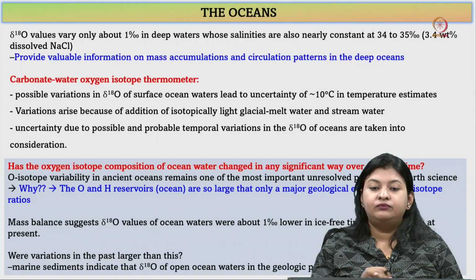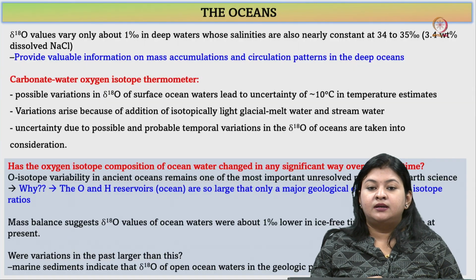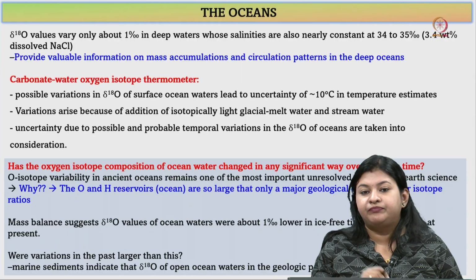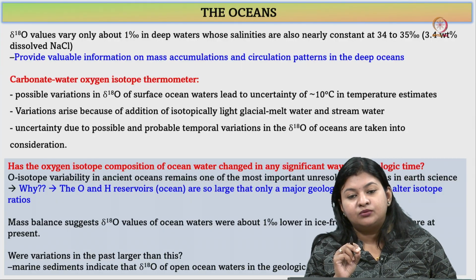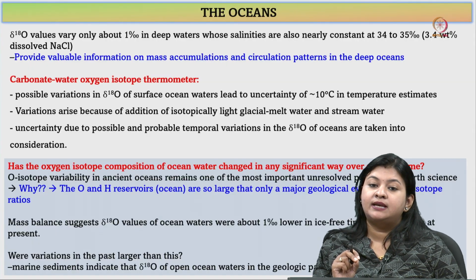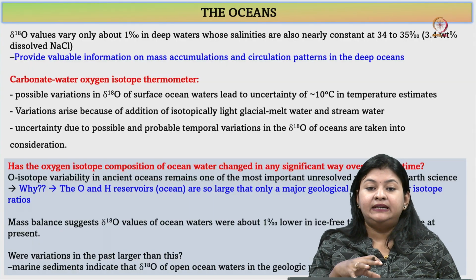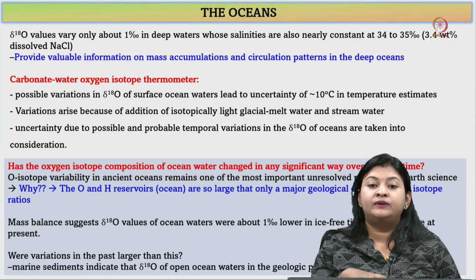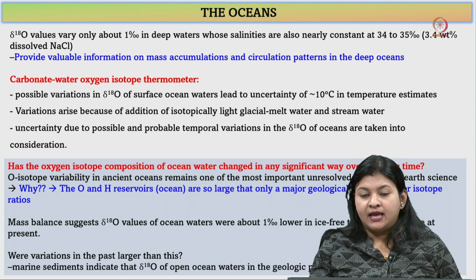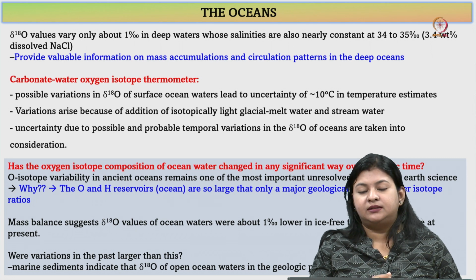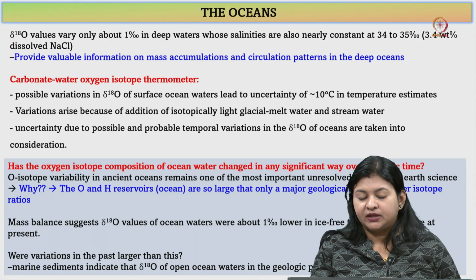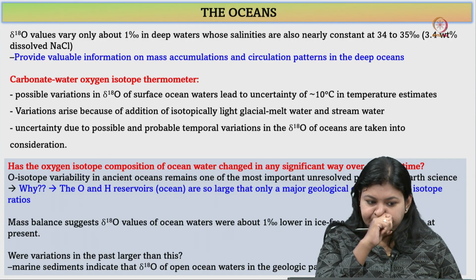So, a huge amount of information about the mixing of ocean masses can be derived from the delta 18O data. Even with this 1 parts per mil variability, we can try to understand how the deep sea is mixing, how it is accumulating or generating new currents. And what are the parameters that control this 1 parts per mil variability? Let us just start looking into this.